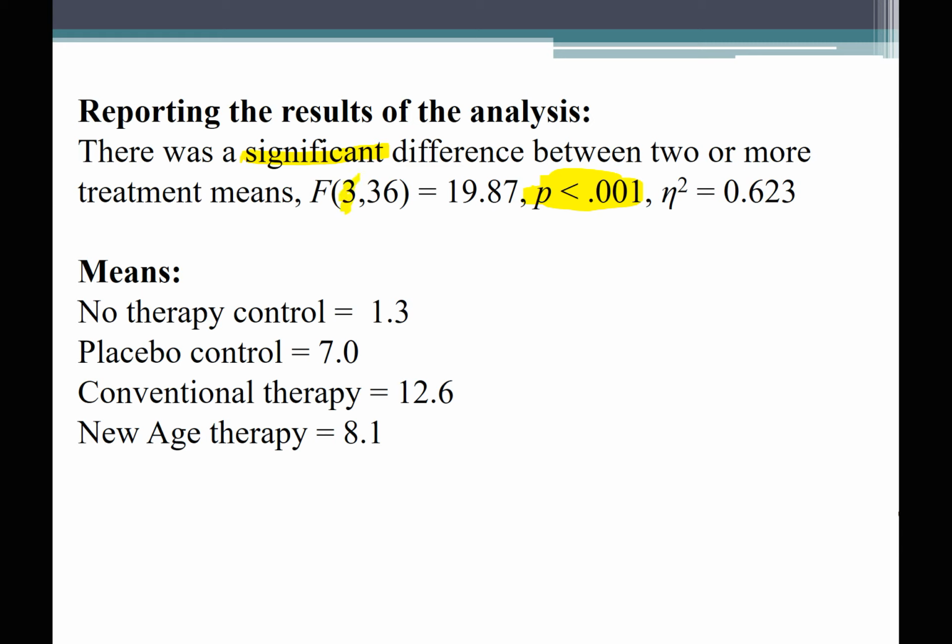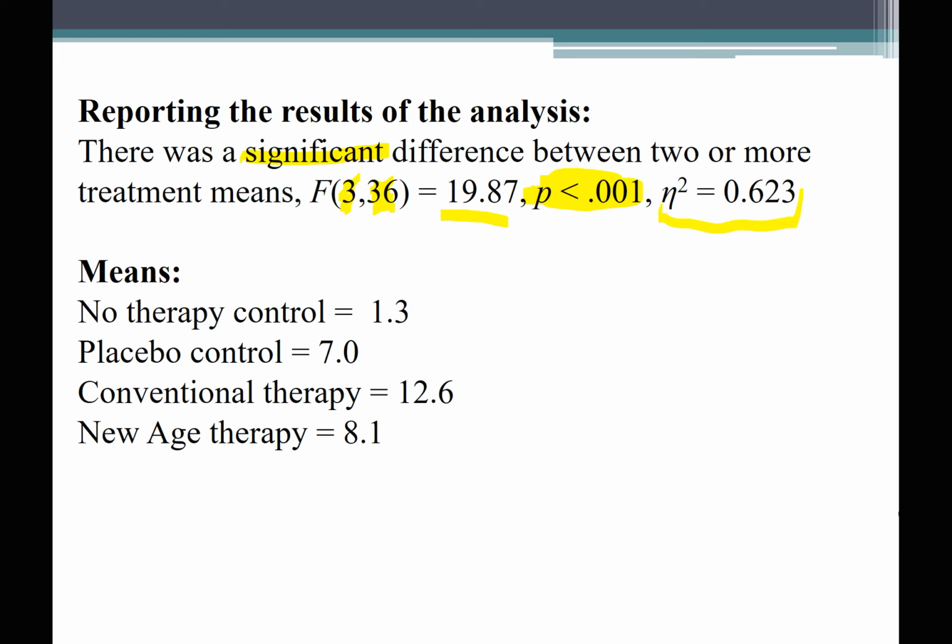So F of 3 and 36 degrees of freedom is equal to our F value, and p is less than 0.001, and our effect size is called eta squared, and ANOVA actually gives us partial eta squared, so that's what we would report for ANOVA as our effect size. This is actually a very big effect size.